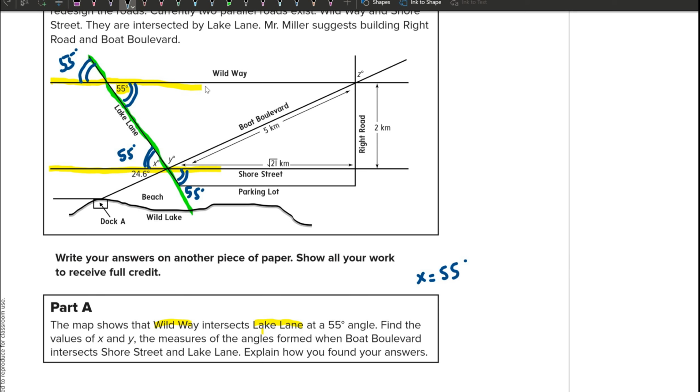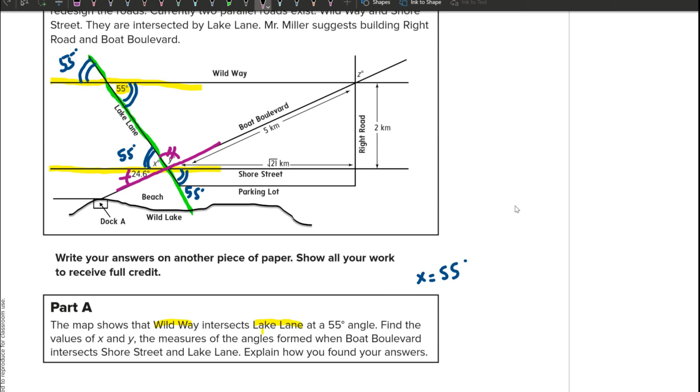Now, with that in mind, you have 55, you have 24.6 degrees here. How do you solve for y? Okay, to solve for y, we're going to look at the 3 angles: the 24.6, your x and your y. All together, they create a linear line, the straight line at the bottom.